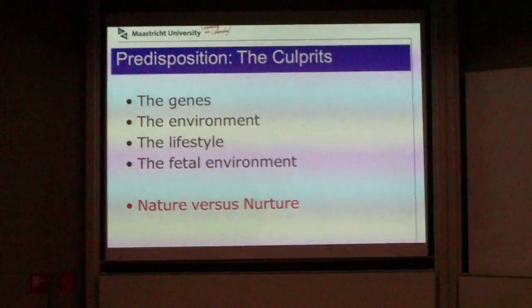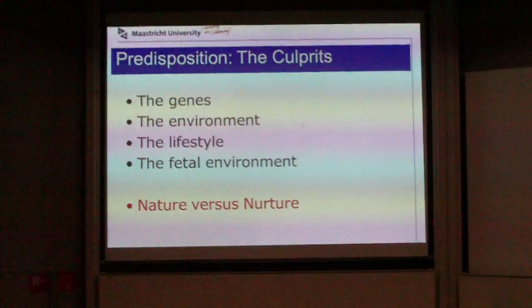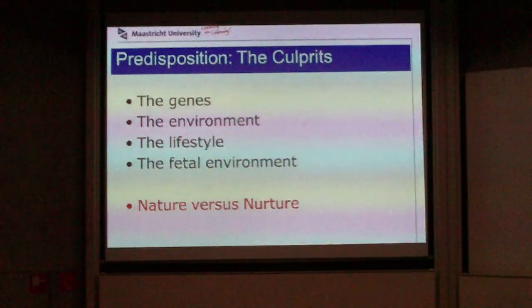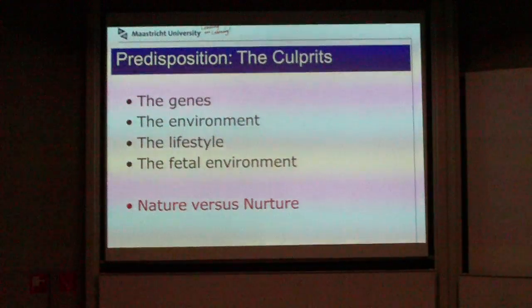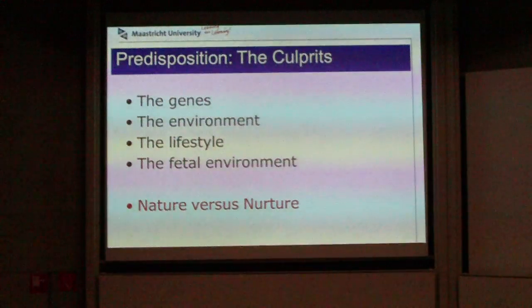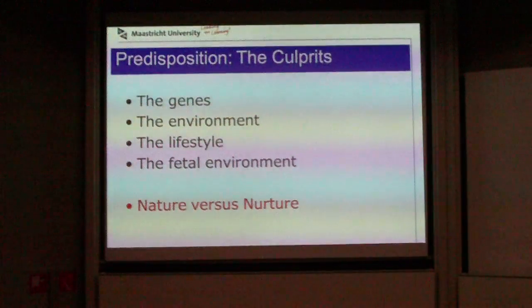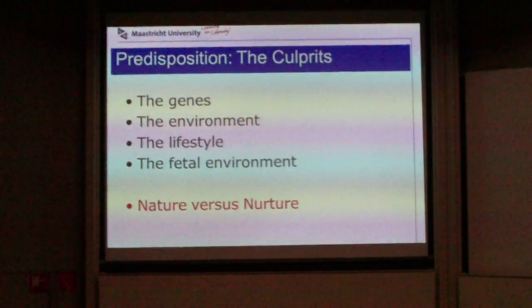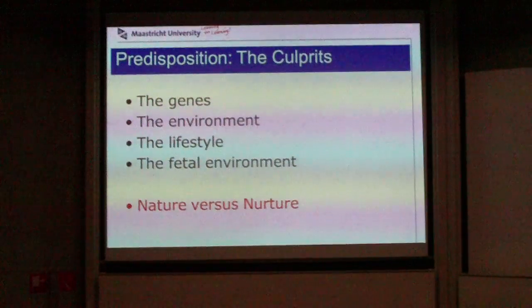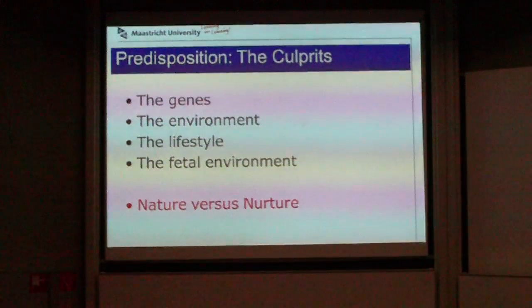What are the culprits or the factors causing this? Well, it may be in your genes, so you may have inherited a predisposition or a susceptibility gene. It can also be something from the environment. If you grow up in a certain environment, you may also have a predisposition to acquiring a certain disease.